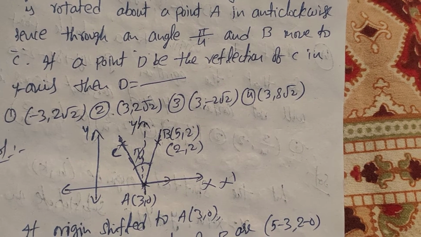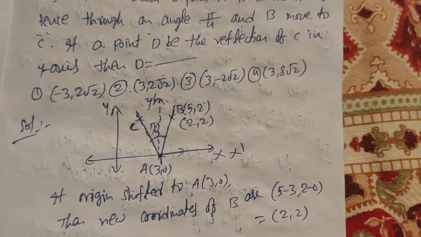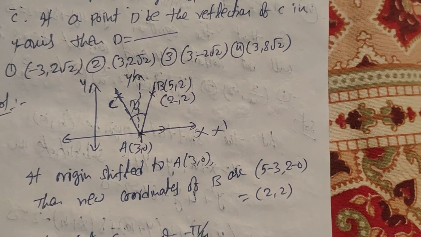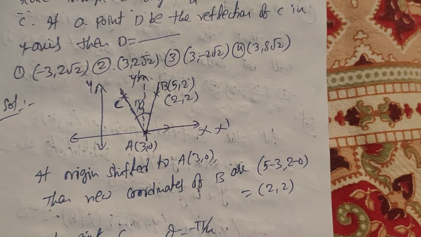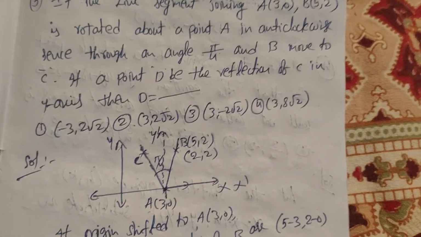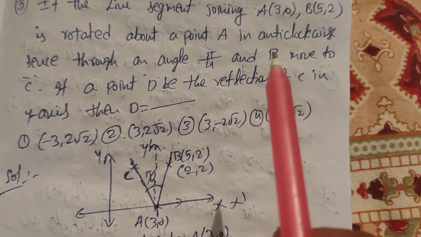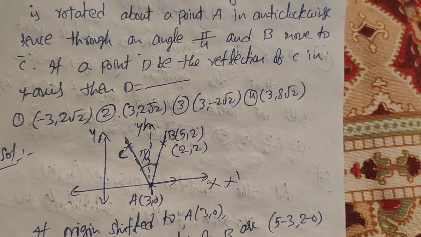A. Okay, so in general, you just remember this is very important. If you want to rotate any line segment or any curve about the origin, then if the given rotation is in anti-clockwise sense, we have to take it in clockwise sense.